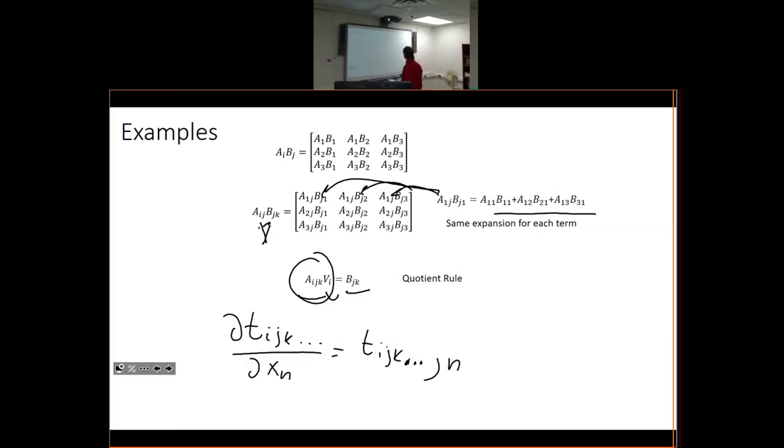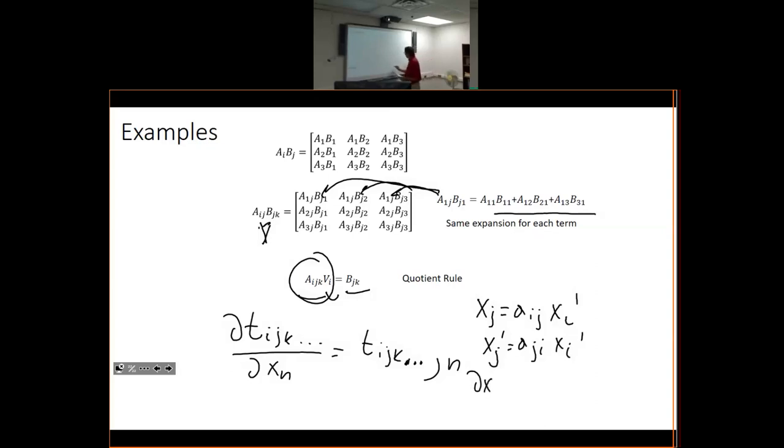Now, if we have the coordinates x_j, and we know that they are related to x_j prime is a_ji x_i, we can go in both directions.